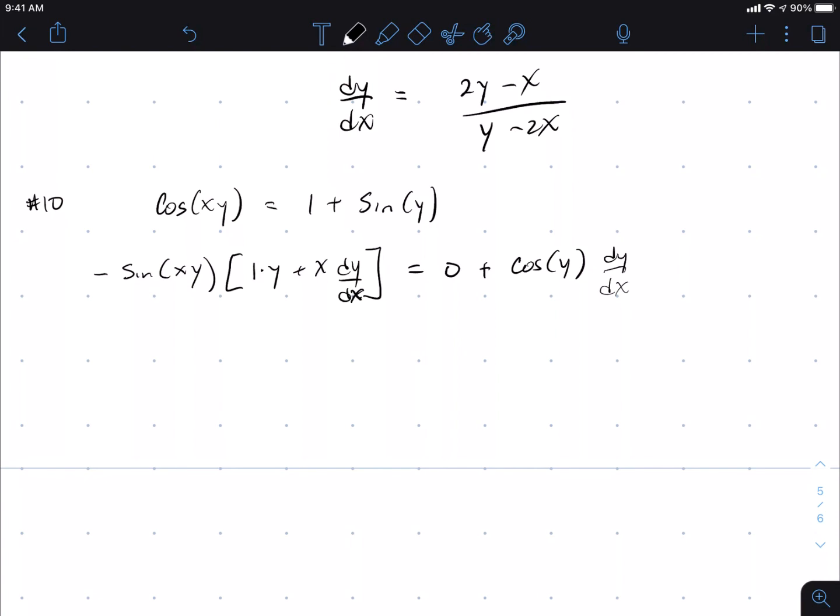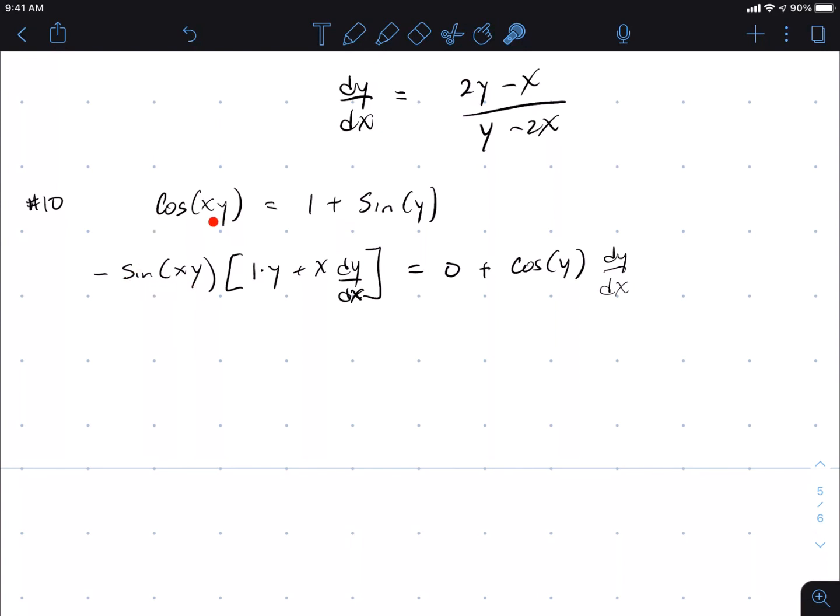Does that make sense? I can break it down further if you need me to. So when I took the outside piece, that was this, right? The derivative of cosine is this.